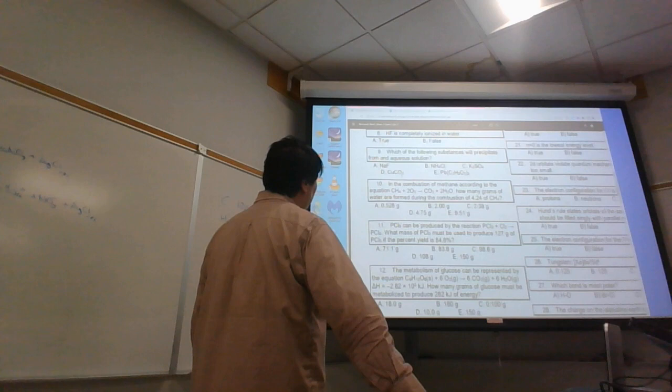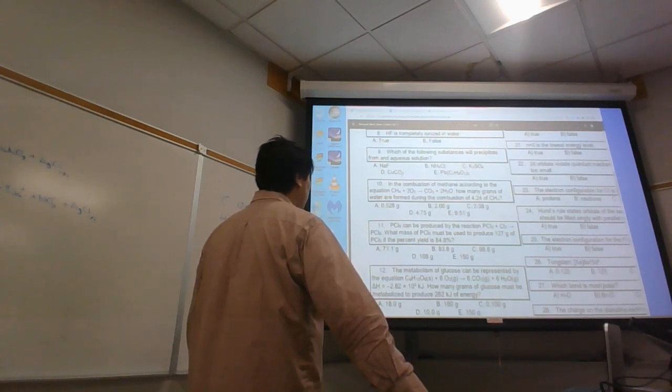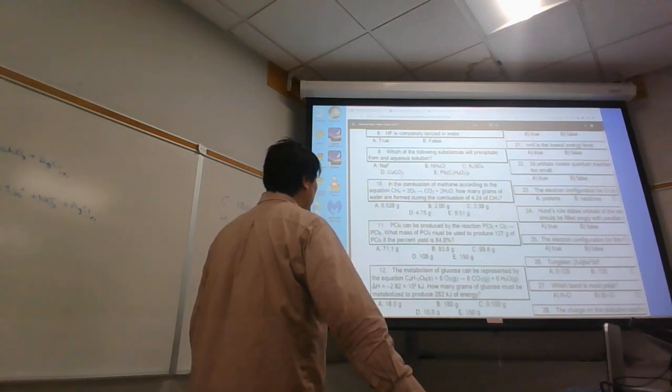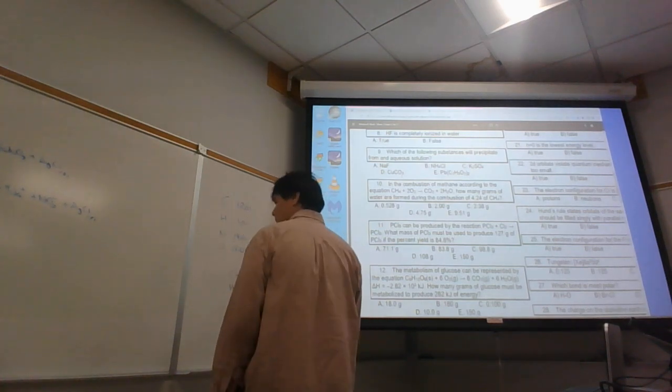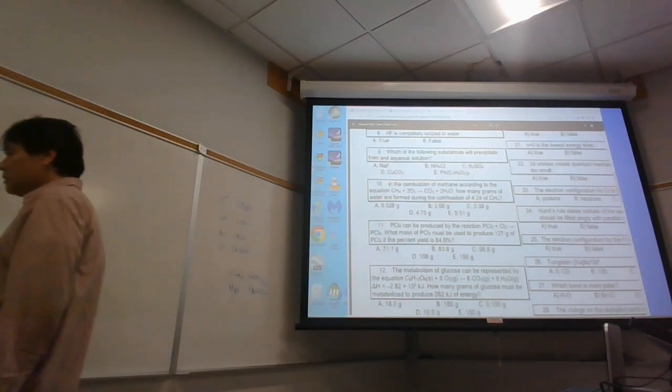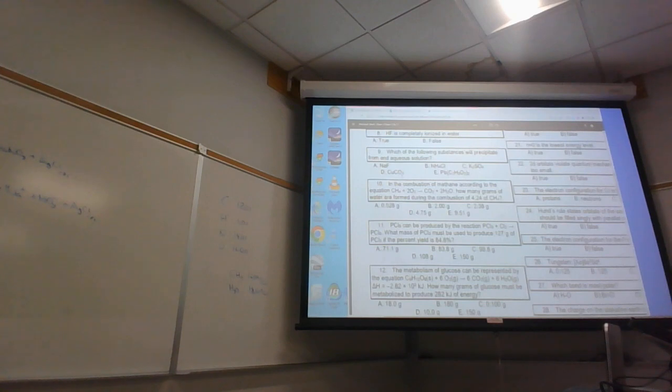PCl5 can be produced by the reaction. What mass of PCl3 must be used to produce 127 grams of PCl5? Percent yield is 84.8%. Well, phosphorus I don't have memorized, so we just get it off the periodic table.